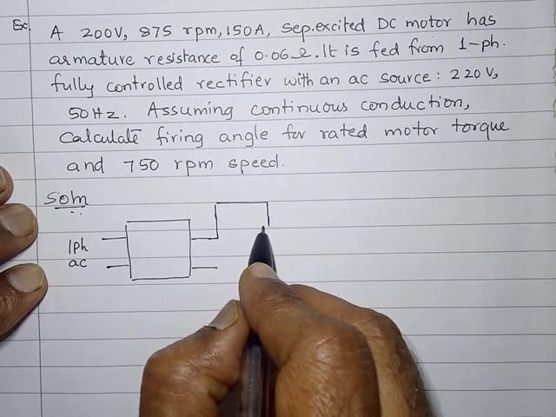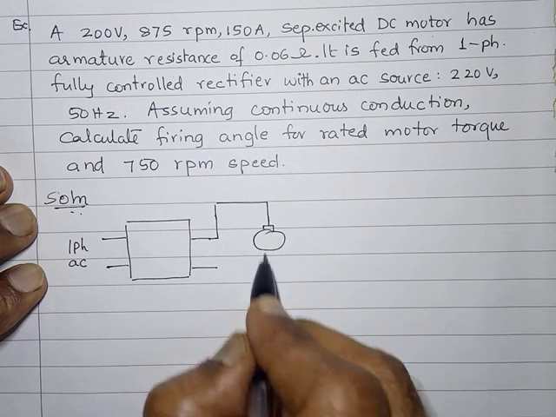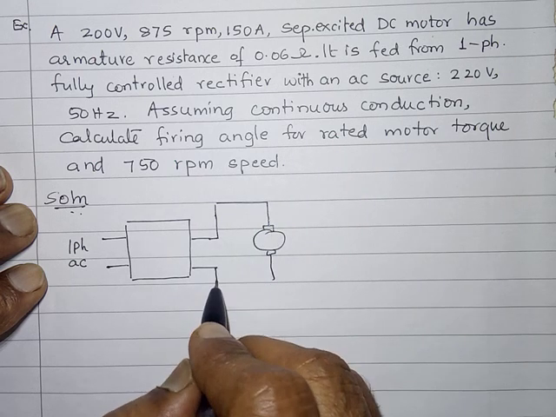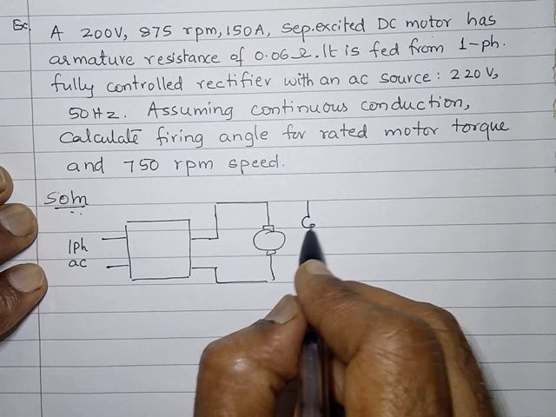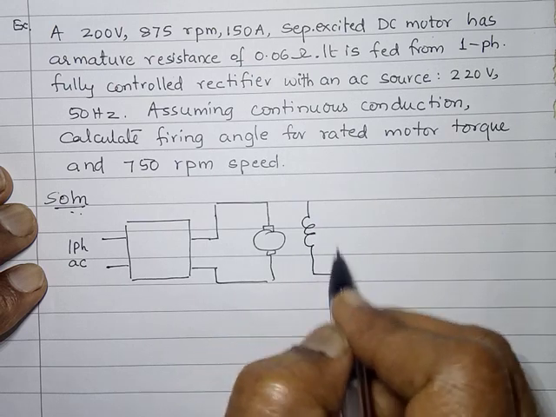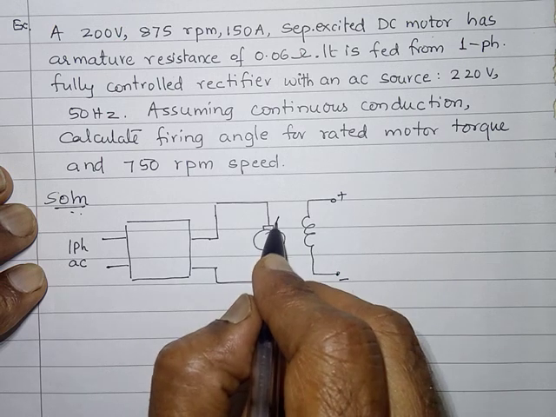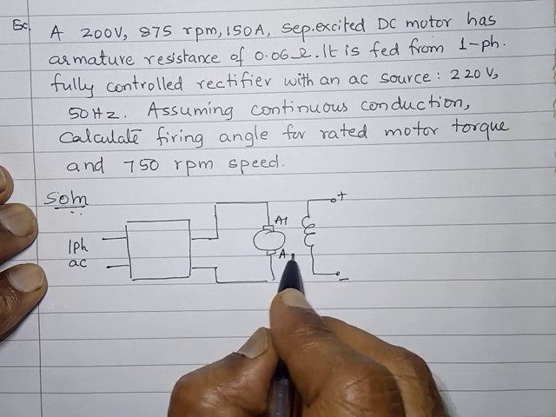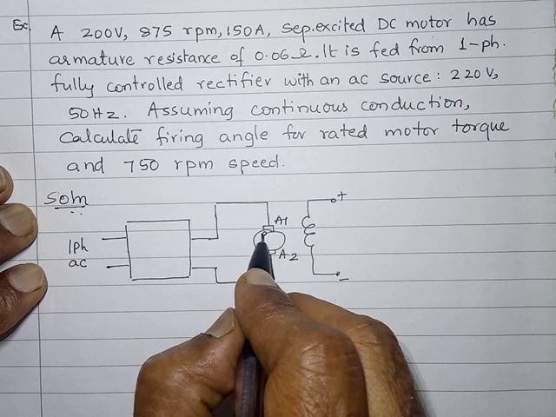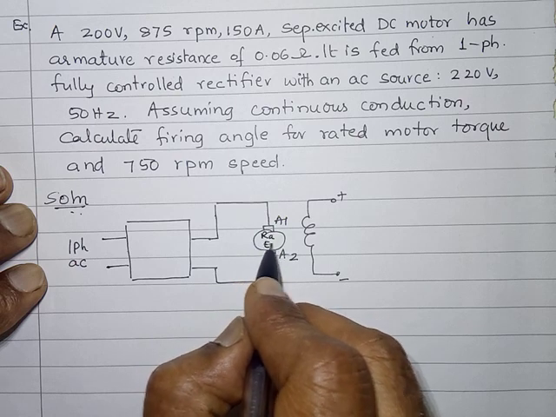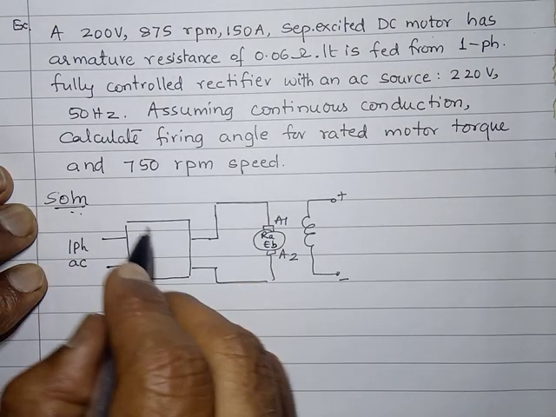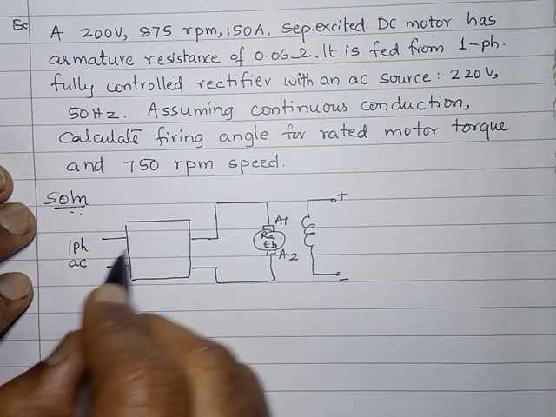The DC motor is separately excited. This is the DC motor, separately excited, and I am showing the armature. This is the armature. This is RA, EB, and single phase AC.